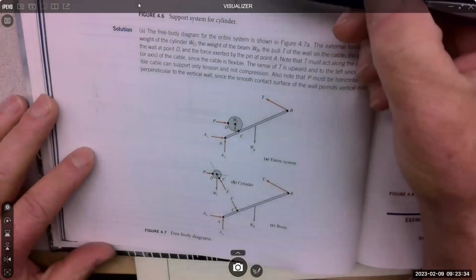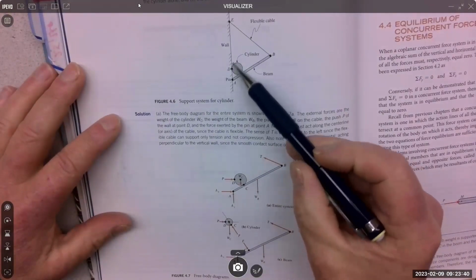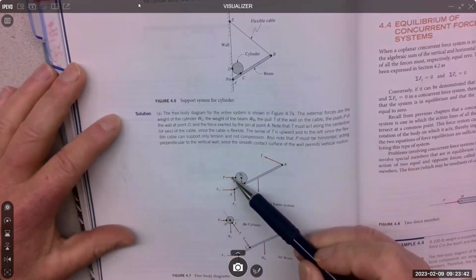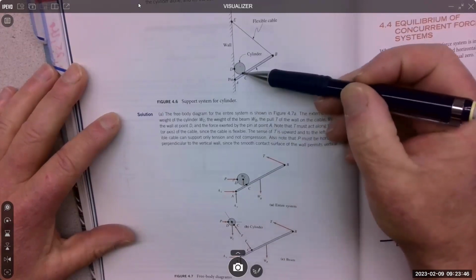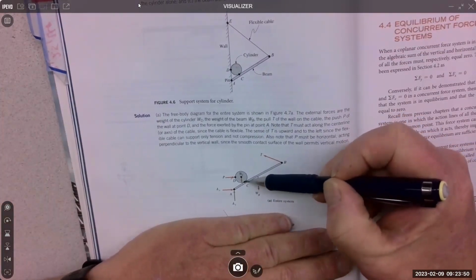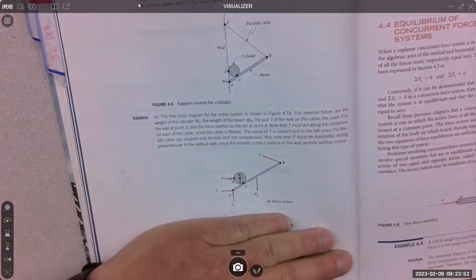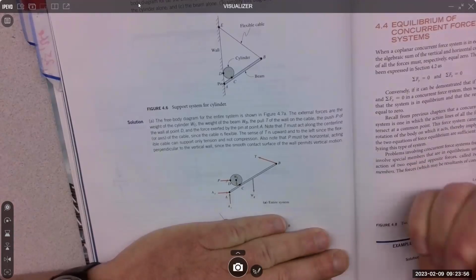Weight, the wall was pushing here. I'll zoom back so you can see. The wall was pushing here on a rolled surface, so it got one. We did not put one in at C because they did not take it apart in this diagram. So if you do not take it apart, it does not get a reaction. It's just part of the system.